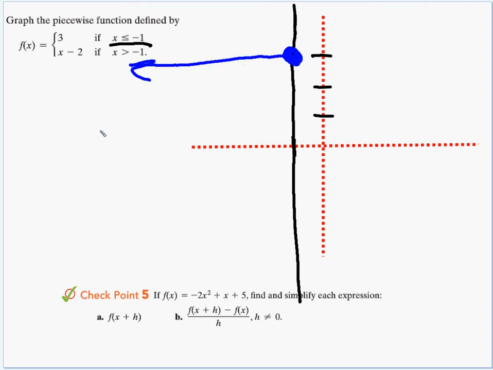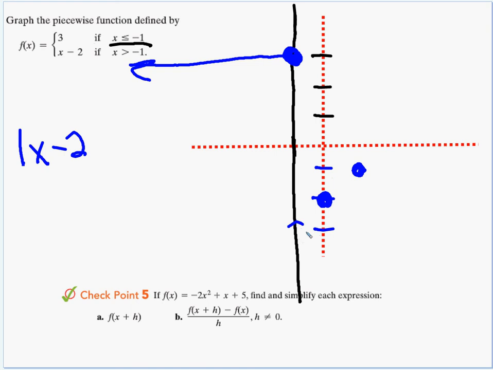Now, if we go beyond -1 to the right, we want to graph this line x minus 2, or 1x minus 2. So my y-intercept will be down here at -2. And my slope is +1. So I go up 1 over 1, or I could go down 1 and back 1.